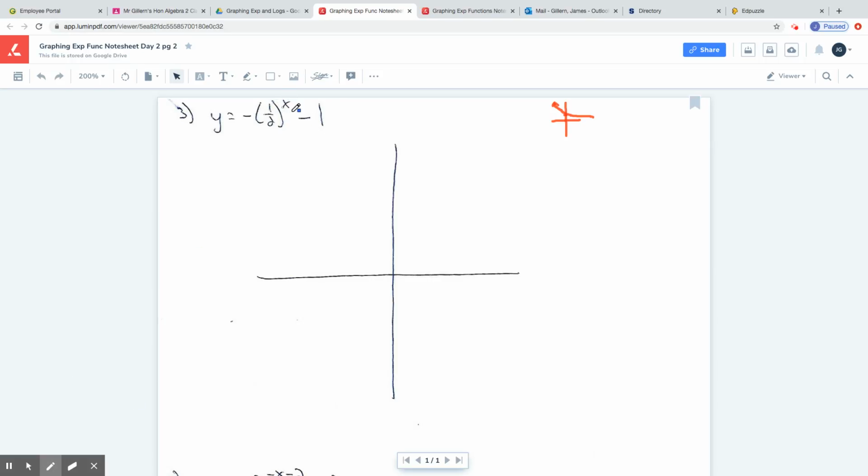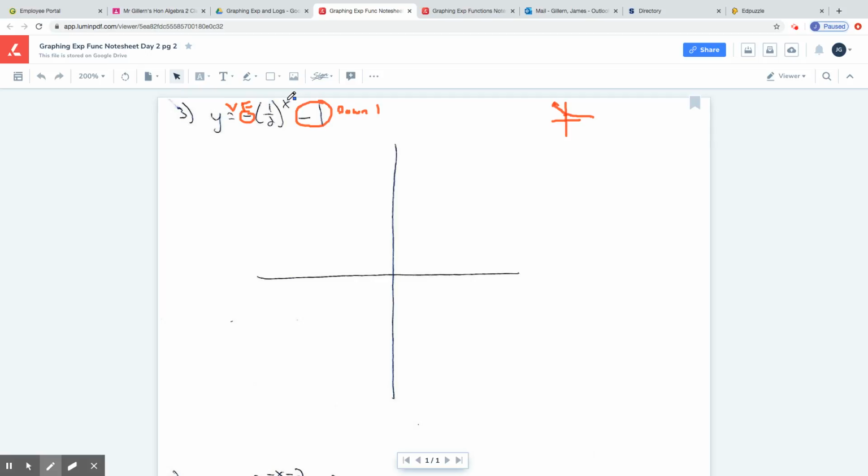What kind of movements do we have here? Well, we have a negative out in front, which means we are going to have a vertical flip. And then we have here a negative 1 out there by itself. This is a slide. This one's going to go down 1.